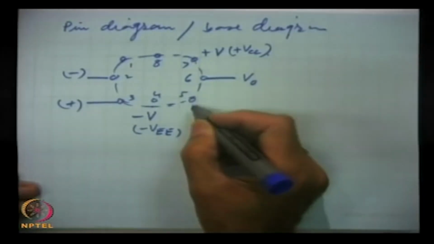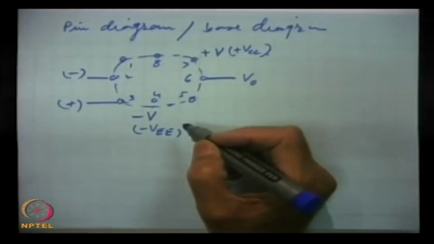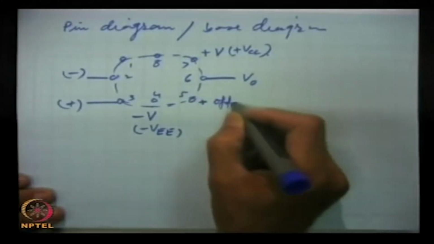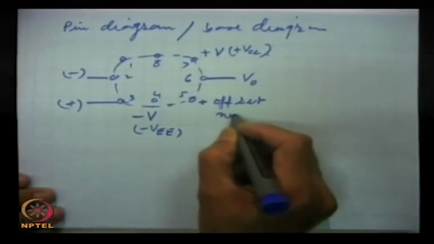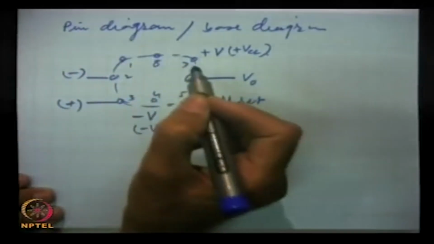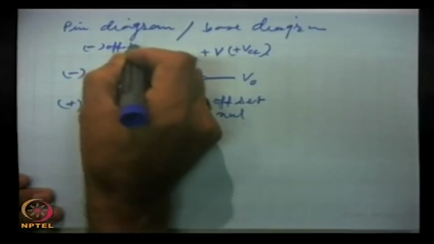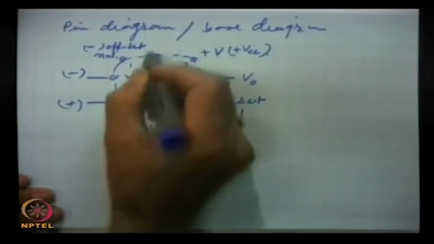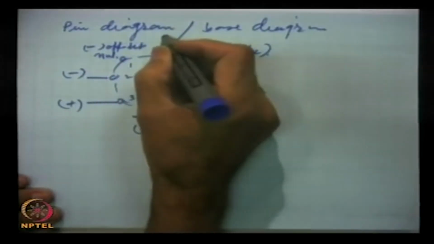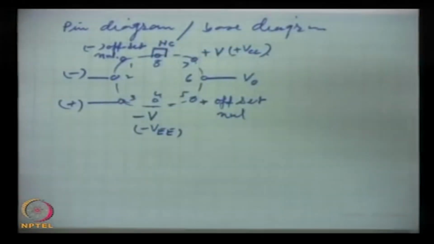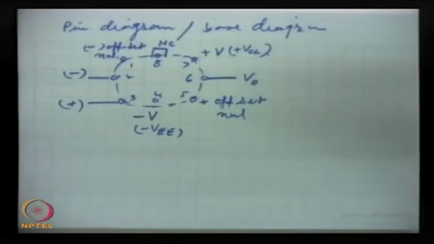We will talk a little later about that. Little adjustments are required for improving the performance of the op amp. So, this is positive offset null, and this is negative offset null, and this is NC, normally closed terminal. So, these are the 8 pins of the op amp.